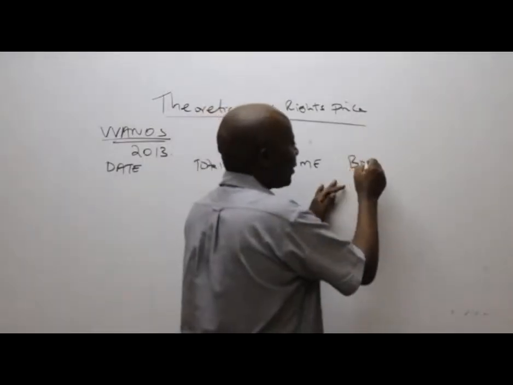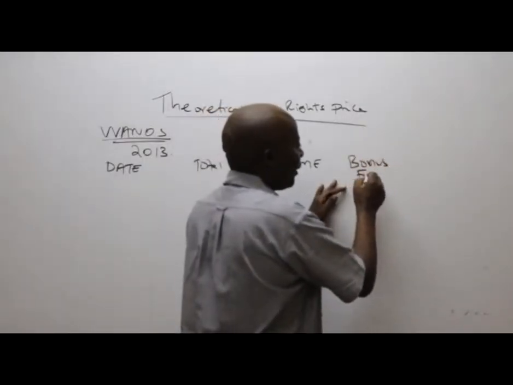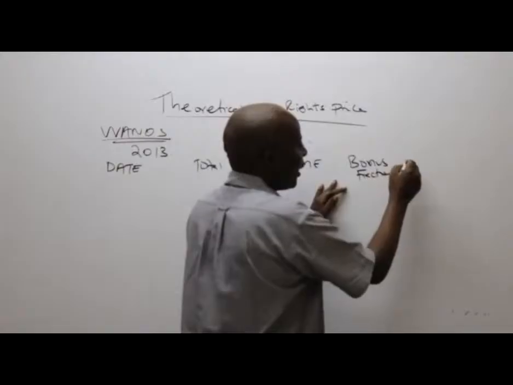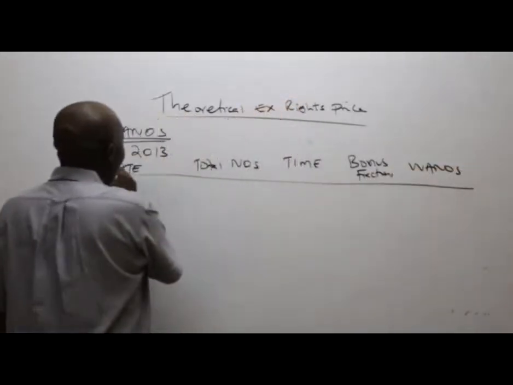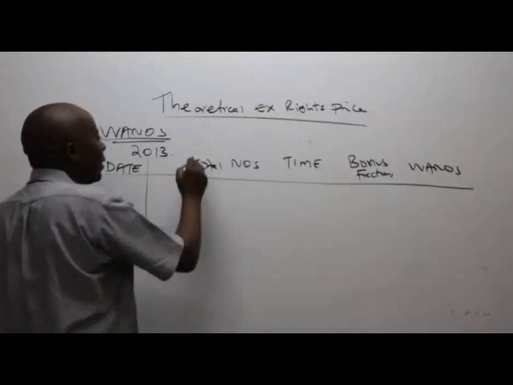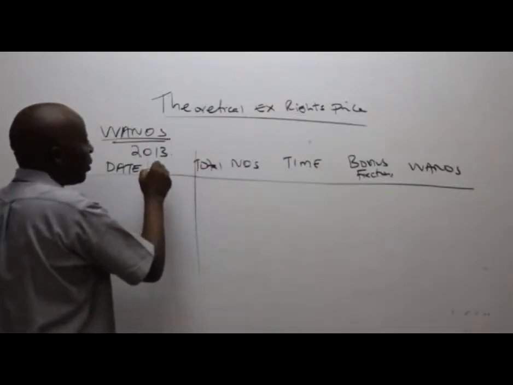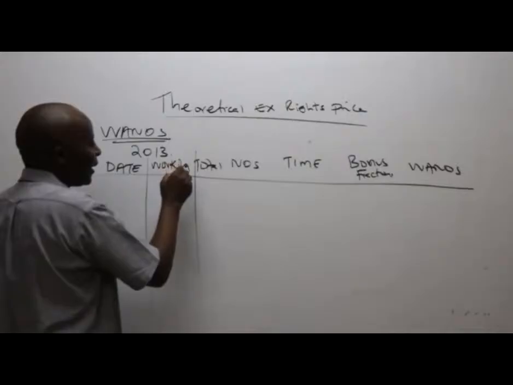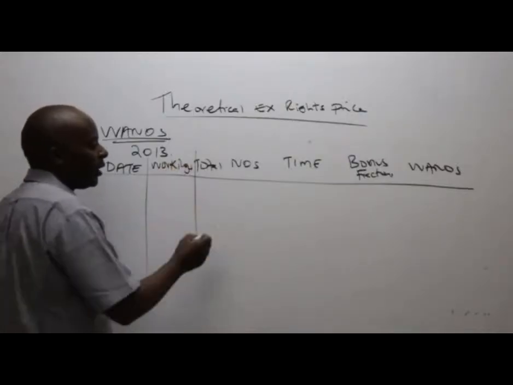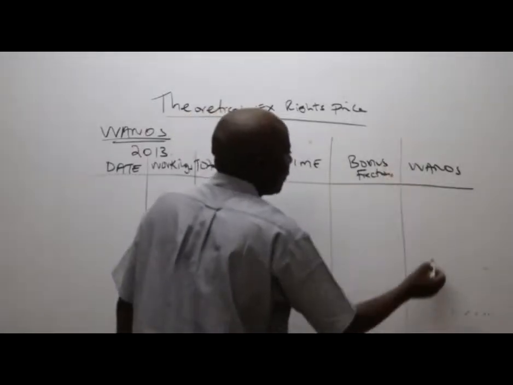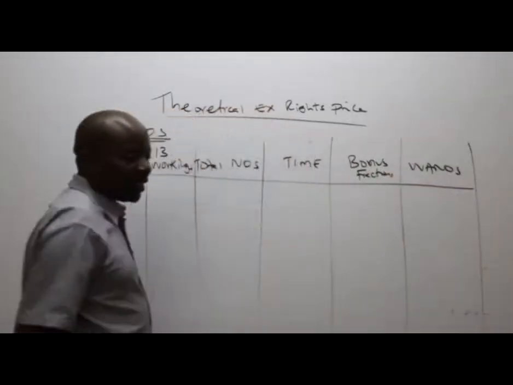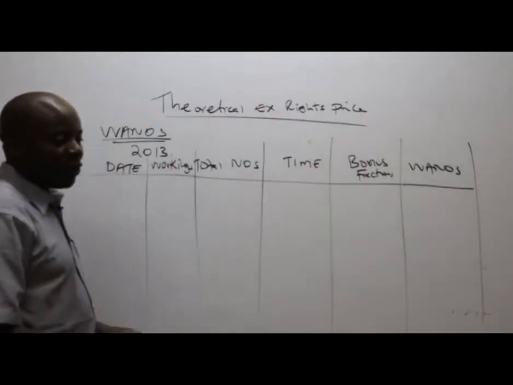We have the bonus or the rights fraction, isn't it? And then lastly, we have what here? The one-os like that. Remember, you must isolate. Even if you want, you can put workings in between there. I have seen some put workings in the middle, which is still okay. So we have the total number of ordinary shares, we have time, we have bonus fraction, and then we have one-os.